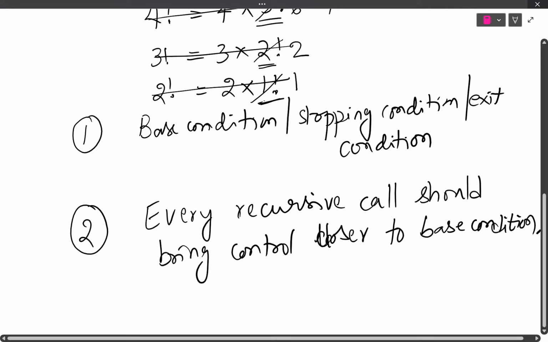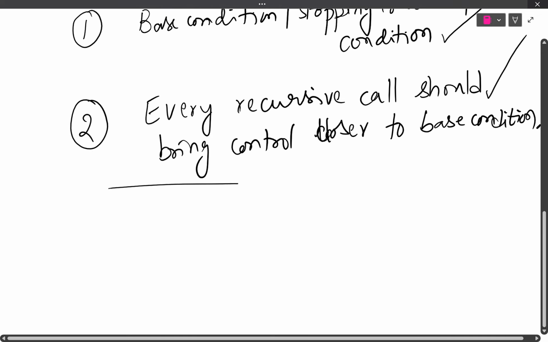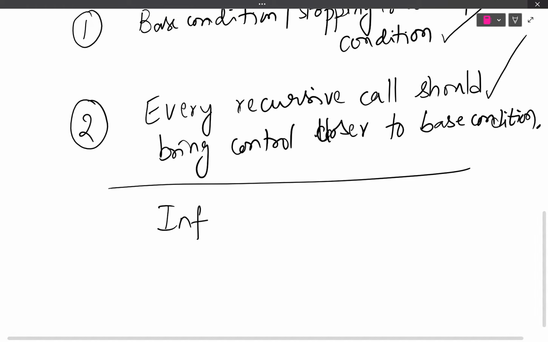These two are the important things to be taken care of while writing a recurrence relation or a recursive function. Otherwise, it will become meaningless and will get into an infinite loop. If any one of these criteria is missing, it will simply fall into an infinite loop.